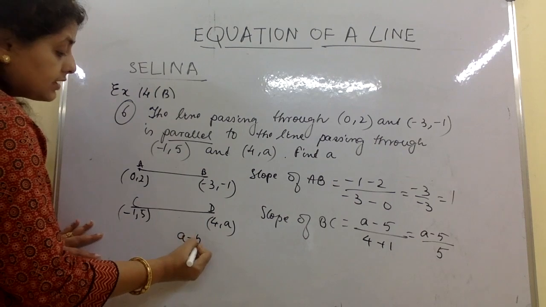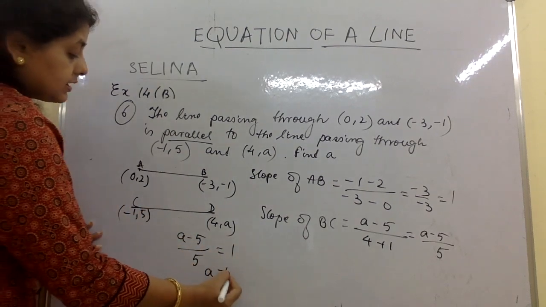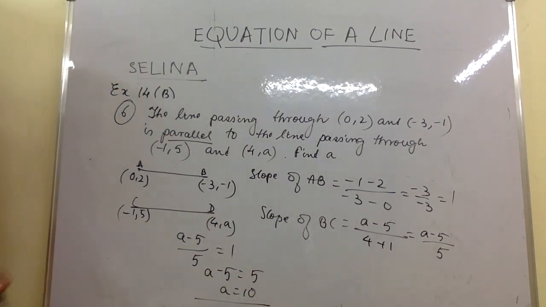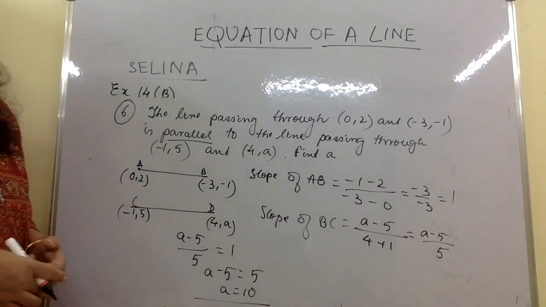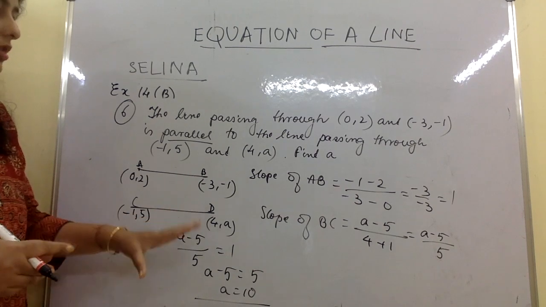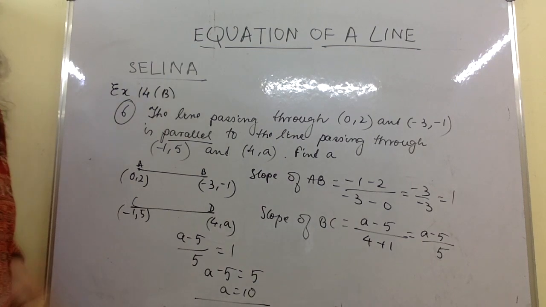Therefore, a minus 5 by 5 has to be equated to 1. So a minus 5 is equal to 5, a is equal to 10. That is my value of a. Here there are no units or anything, this is a coordinate.